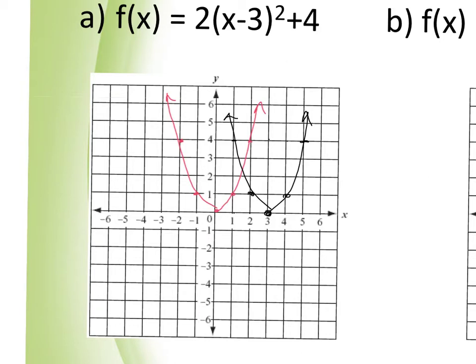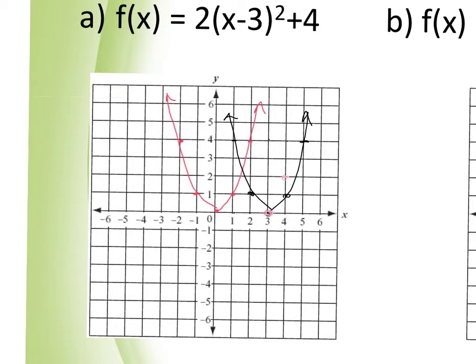The next thing I want to do is what? Good, I'm going to stretch it. This one's getting stretched by a factor of 2. So I'm going to multiply what by 2? The y's. Good, so 3, that one stays. Then 4, 1, 1 times 2? 2.